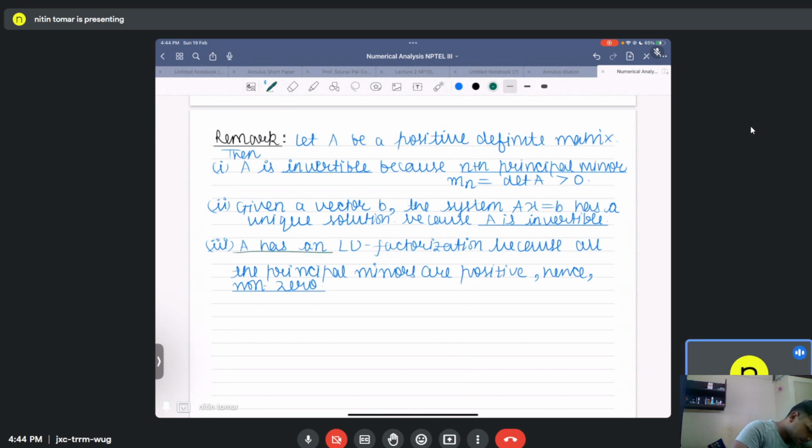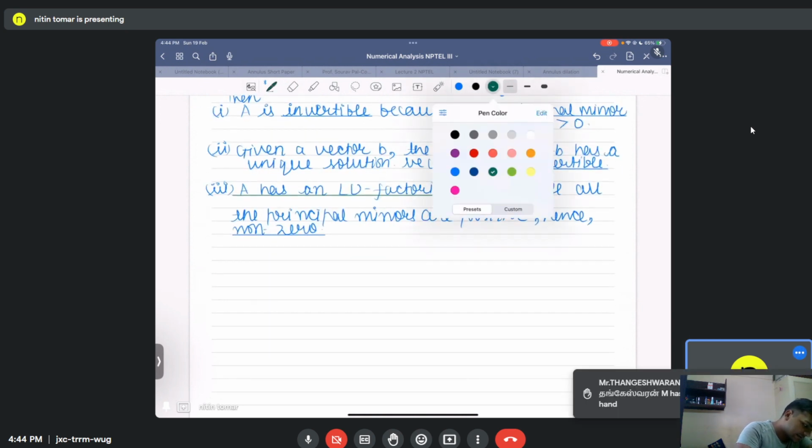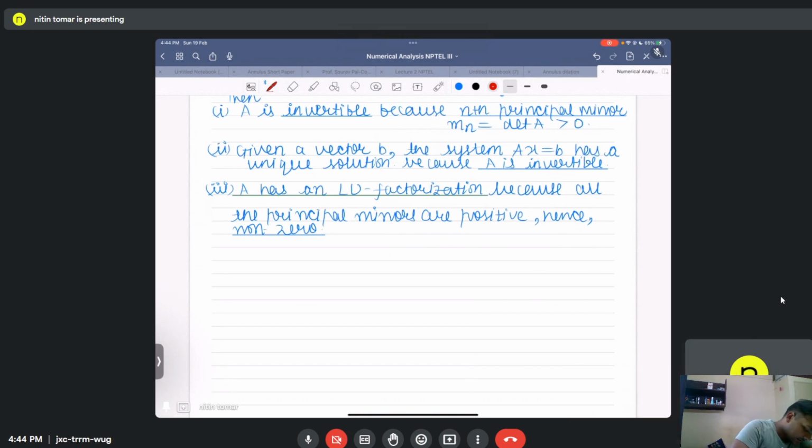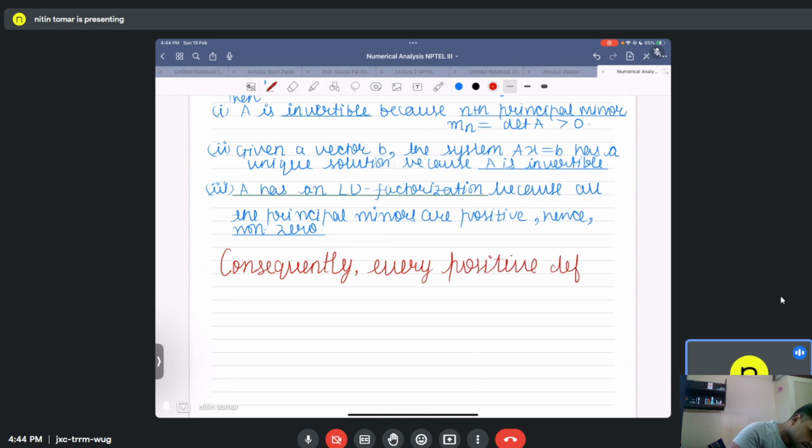So this is really important. Consequently, every positive definite matrix has Doolittle's LU factorization.